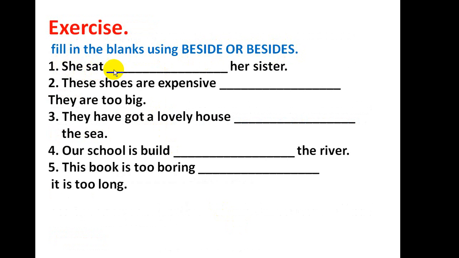She sat dash her sister. Okay, what is it? Beside or besides? Remember, beside means near to. Then besides means apart from. So what are you going to put there?